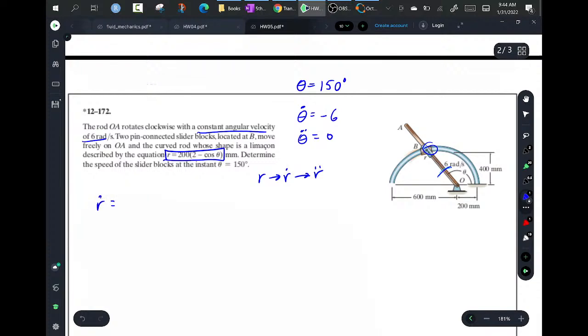R dot is equal to, should have done it the other way, but we don't have R listed as a function of time. It's listed as a function of theta.